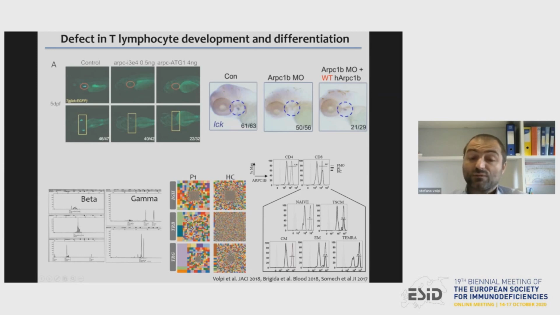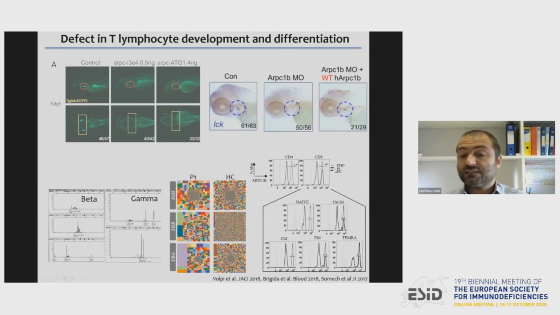And again, the importance of ARC1B expression in lymphocytes is also underlined by a phenomenon that's typical in Wiskott-Aldrich syndrome: the presence of revertants, where a second mutation reverts the expression of the protein.